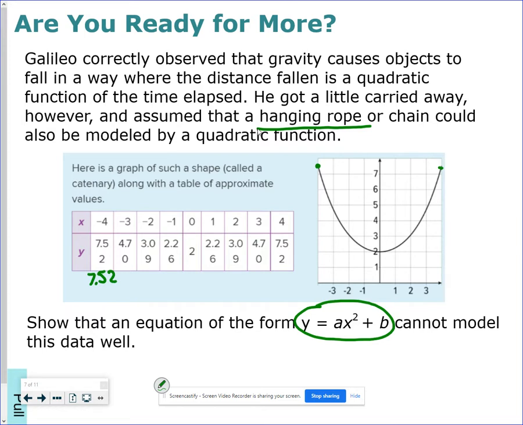When we would have something that was squared, we'd say, here's our pattern, and we're adding this many each time. So I want to take this information and show that it doesn't really work for this exactly. You can see that the table is really showing the points that they got from this graph. This is the graph that Galileo said, hey, I think this is what it's going to look like.